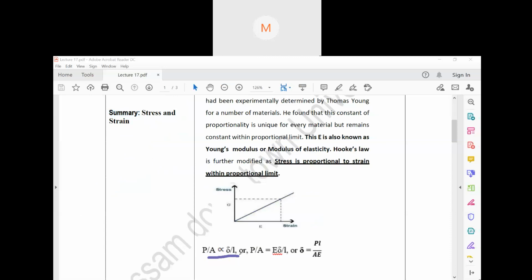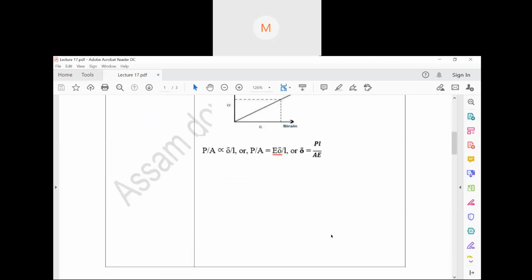That is why we are writing this as P by A. Now, PL by A is the expression for del L. Okay, so in this way we get the expression.